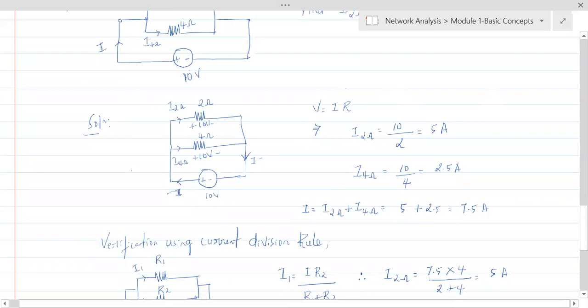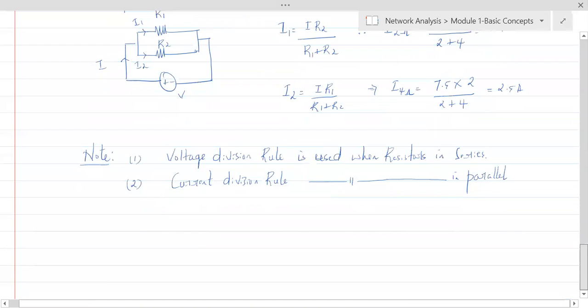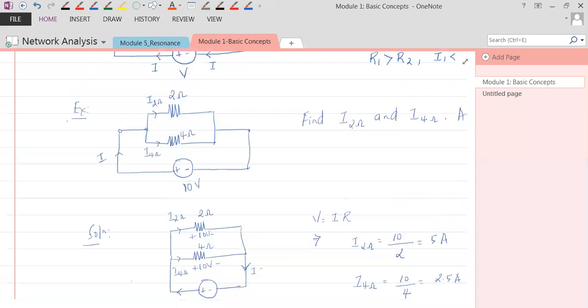Okay, so this is what I wanted to give as the introduction to basics. Now we shall go on with something very important that you will see throughout the network theory subject, and throughout this semester. Fine, so let's go on with that.